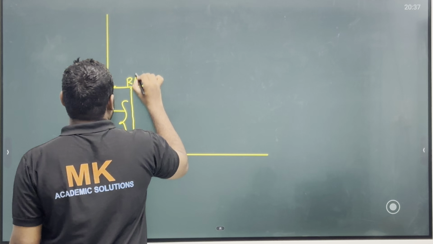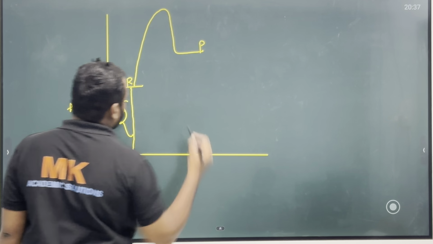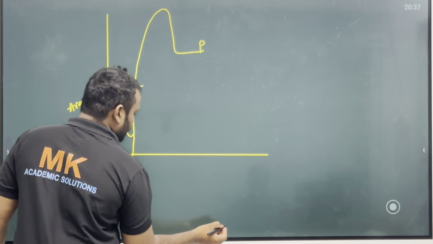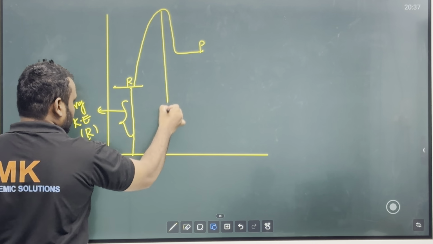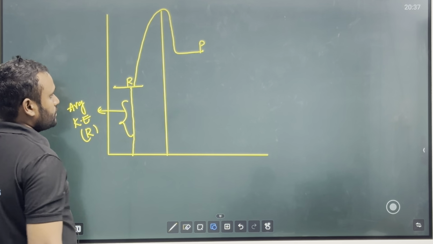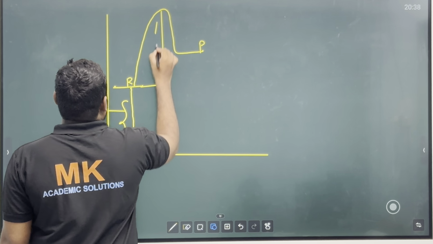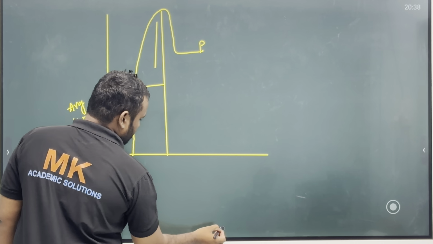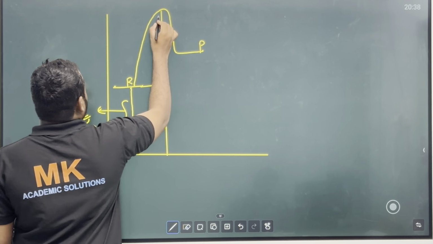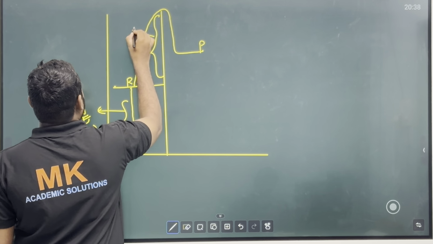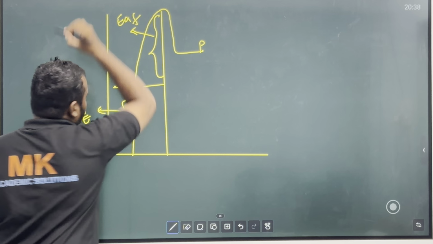Now this reactant is going to give us a product. This is known as what? Threshold energy. And this is known as what? Activation energy of forward reaction.